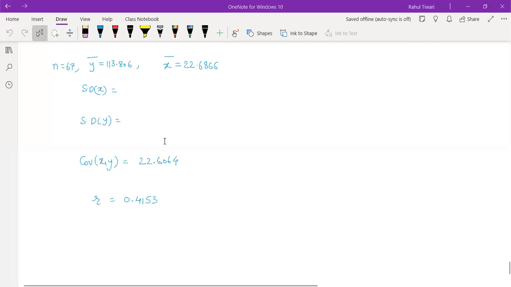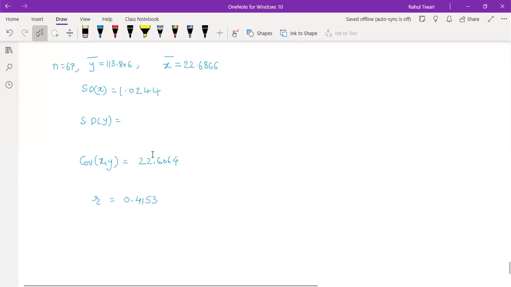So the standard deviation of X is coming 1.024 approximate. What is the standard deviation of Y?